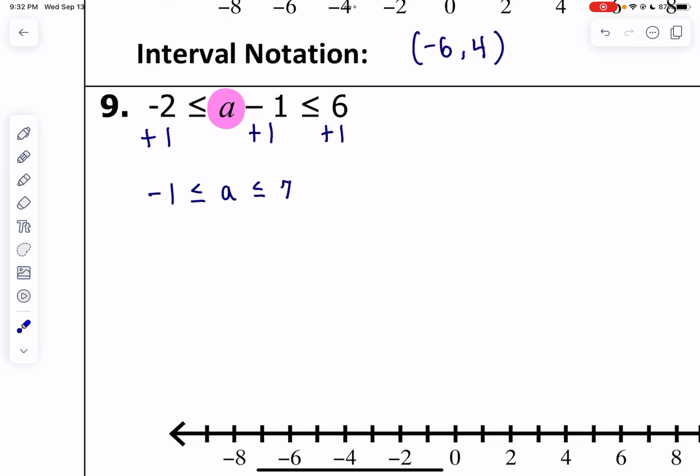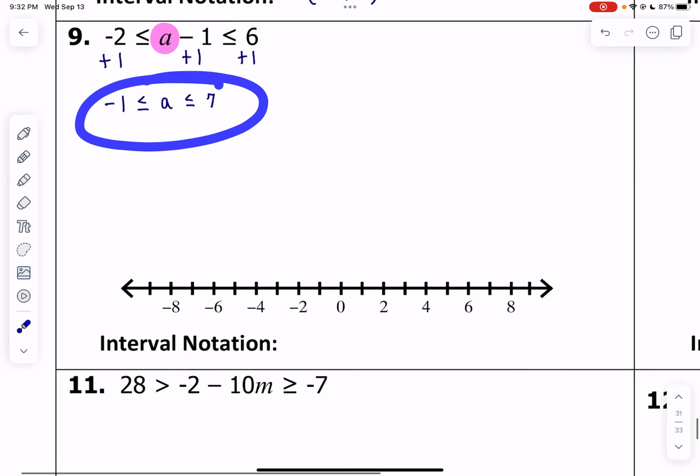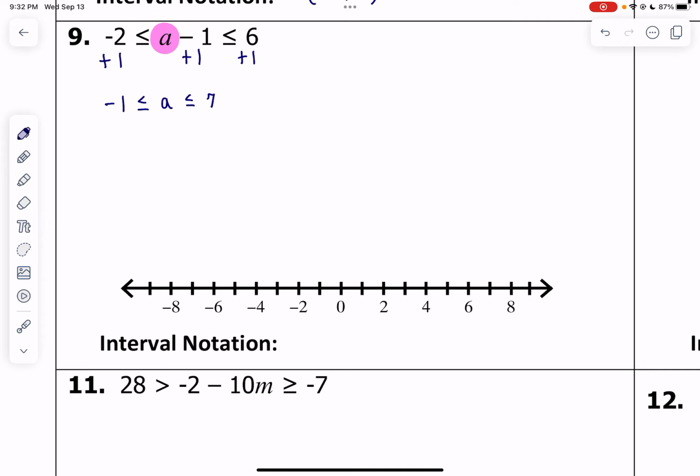All right, and that's pretty much it. Now we can go ahead and construct our number line. So let's go ahead and do that. So if we look at our number line, we start off at negative 1, closed circle, and we end up at 7 with a closed circle. Okay. And everything in between is going to be filled in.